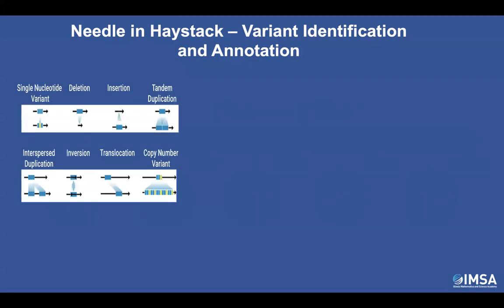So genetic variants can be grouped into 3 categories. So single nucleotide variations and insertions or deletions that represent changes in the sequence of the genome, and tandem duplications, copy number variations, translocations, inversions, etc., that are changes in the structure of the genome.